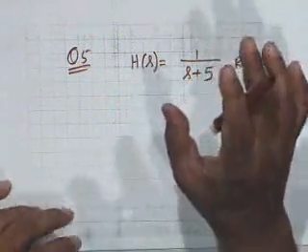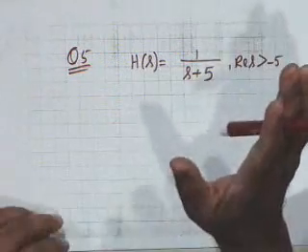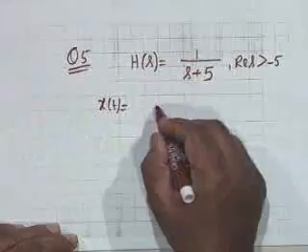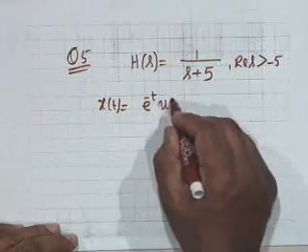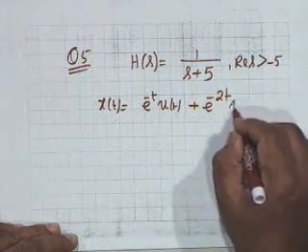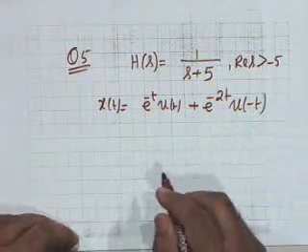In other words, h of t is a right-sided sequence. This is the frequency response of the system, and the input is x of t equal to e to the minus t u of t plus e to the minus 2t u of minus t.